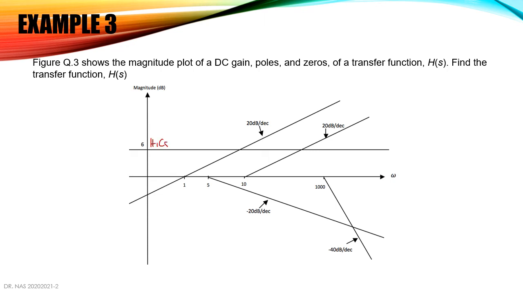So we call it H1(s). H1(s) equals 6 dB equals 20 log of your K, the constant. Therefore, the constant equals 2.